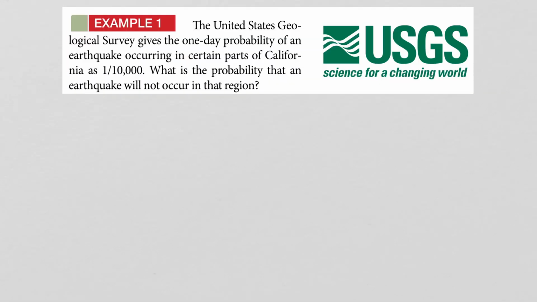In our first example here, the United States Geological Survey gives the 1-day probability of an earthquake occurring in certain parts of California as 1 in 10,000. What is the probability of an earthquake not occurring in this region? The probability of not having an earthquake is going to be 1 minus the probability of having an earthquake.